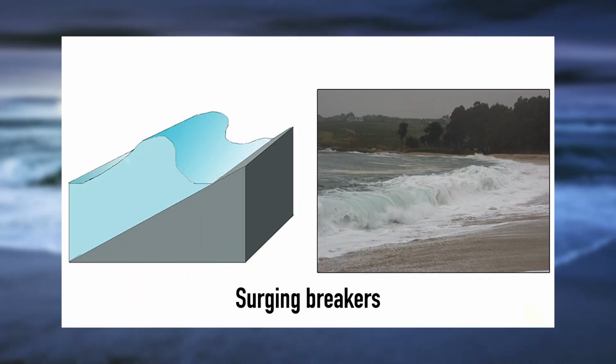Surging breakers form on very steep beaches where waves do not get enough time or space to rise, curl and break normally. Instead of forming a crest or spilling like other waves, these waves rush straight up the shore as a fast moving wall of water. They look powerful and sudden because the water moves quickly up and then forcefully back down the slope.